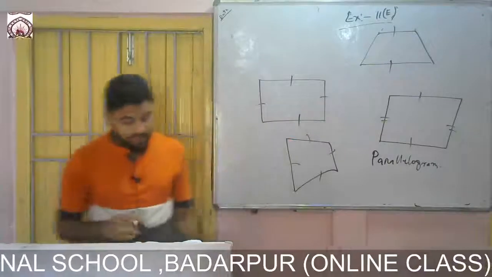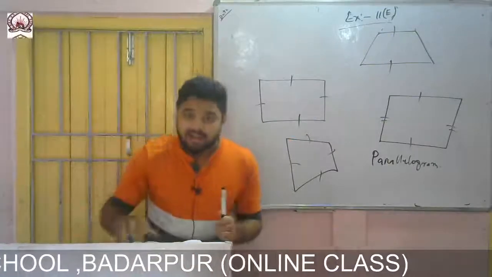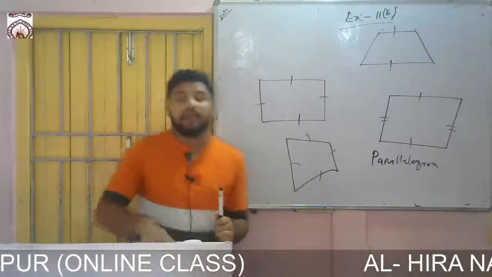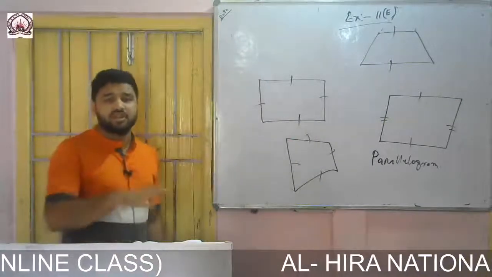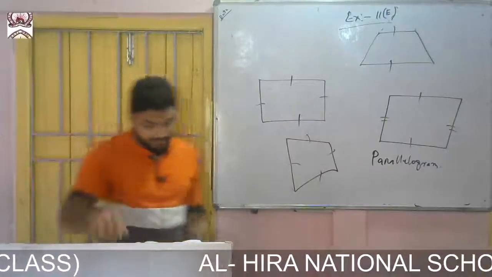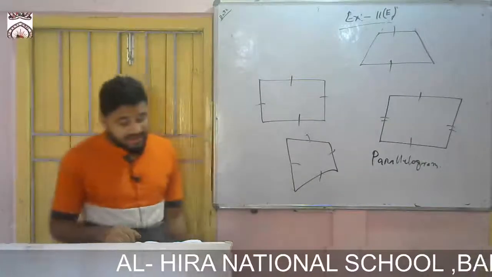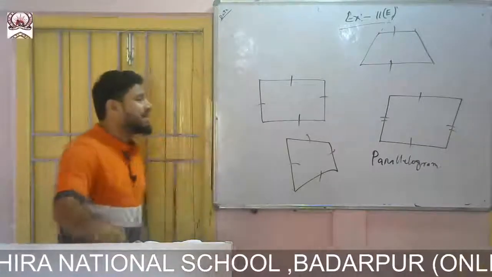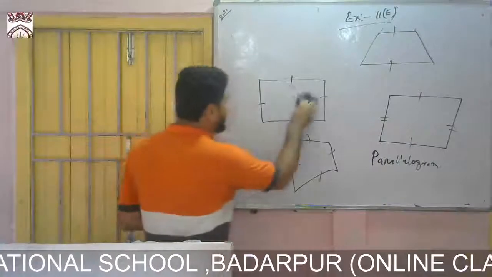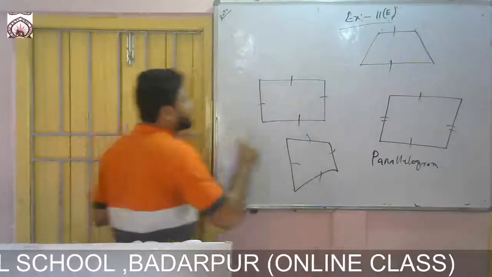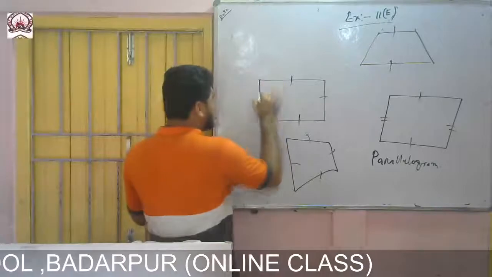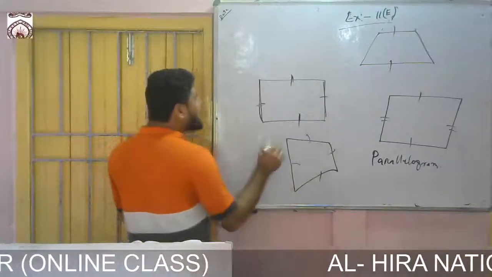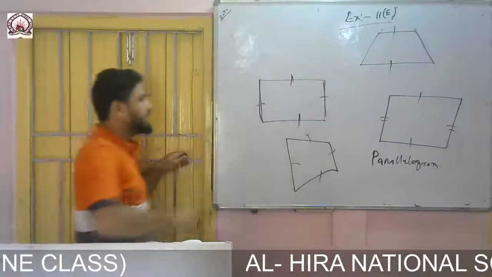Now rectangle. A rectangle is also a parallelogram, because in a rectangle there are four sides and both pairs of opposite sides are parallel. A rectangle is a parallelogram in which the adjacent sides are at right angles. If I take this one as the rectangle, this side and this side are parallel, and the main thing is that the adjacent angles are 90 degrees.